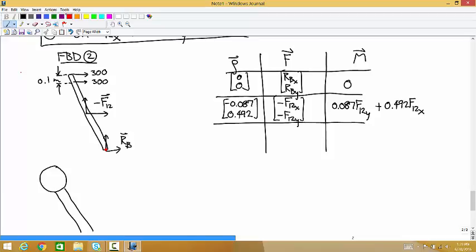So that cable is going to come off at the top and the bottom, no matter what the angle of that beam is. So these two are going to have the same x position, and their y position is just going to differ by the diameter of that pulley, which is 0.1.